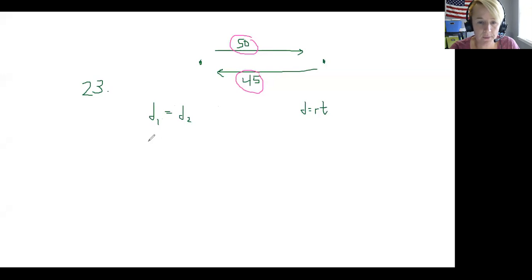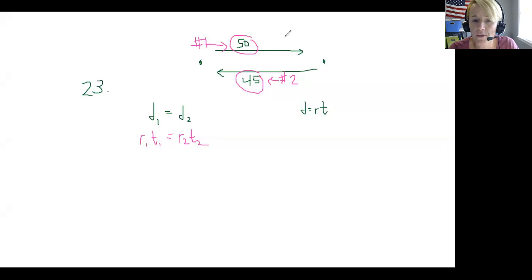So I'm going to separate this out, and I'm going to say rate of 1 times the time of 1. That's the first trip, this one. Rate times time, basically, is what I'm trying to say. And then the second trip, I'm using these sub 2s because it shows that I'm working on a second trip. So this is trip number 1, so these are all my sub 1s, and this is trip number 2, and this is all my sub 2.